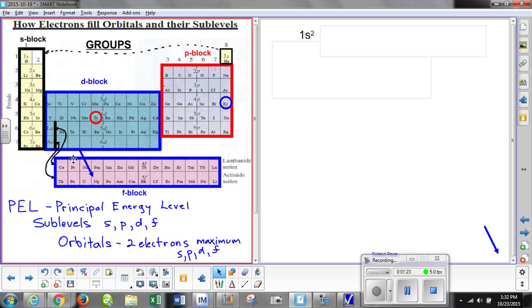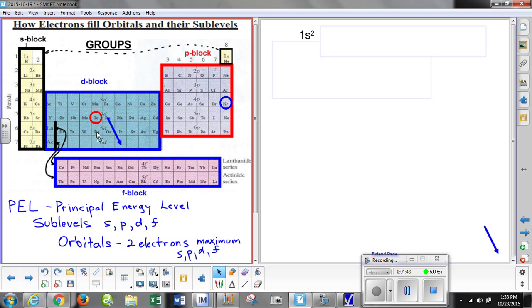So we've got row 7, row 6, row 5, 4, 3, 2, 1. Pretty much they all act as the same principal energy level. The guys on row 7 are in principal energy level 7.